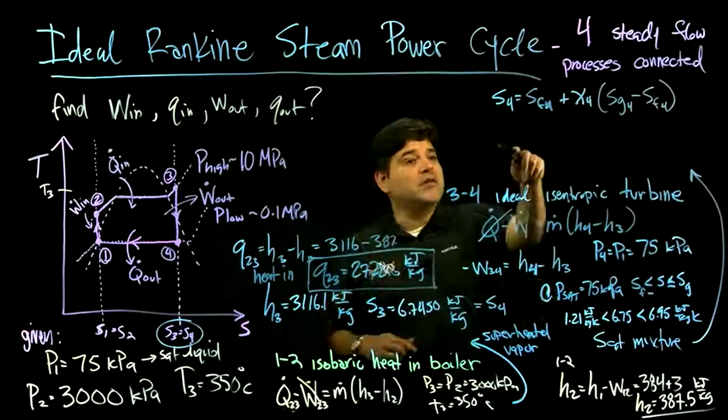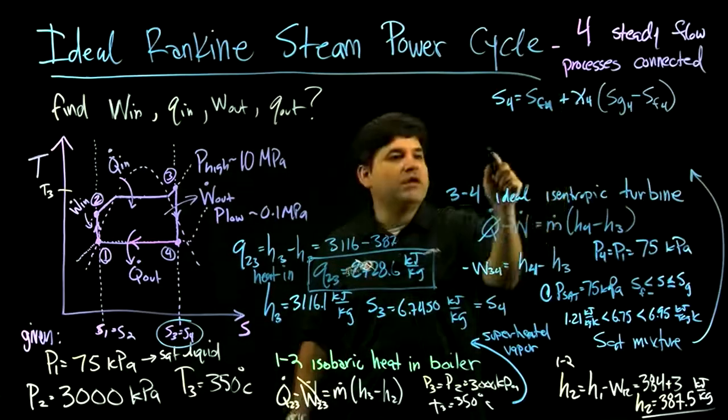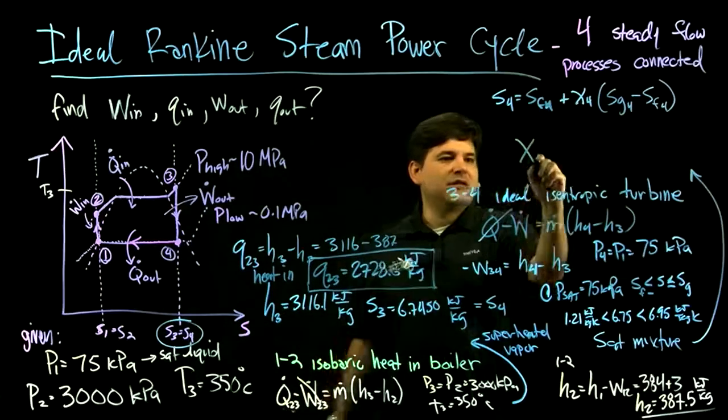So that's how you find the weighted average of this vapor versus liquid components. Then we can use that to find the quality because we already know what S is.